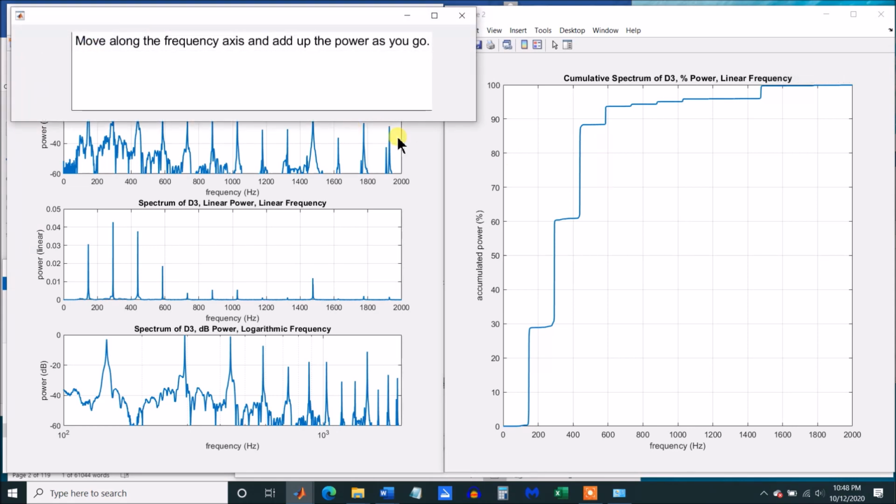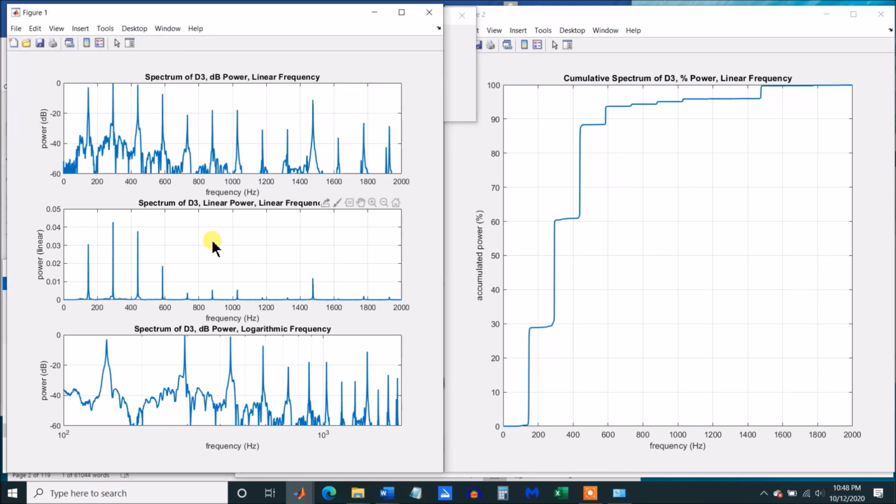Okay, just what I said a minute ago. Move along the frequency axis and add up the power as you go. It is sensitive to peak height, but is also sensitive to the width. So sometimes these jumps are not what you'd expect by looking at the peaks here because of the width. And of course it has the same information as this graph or this graph or this graph, just presented in a different way.